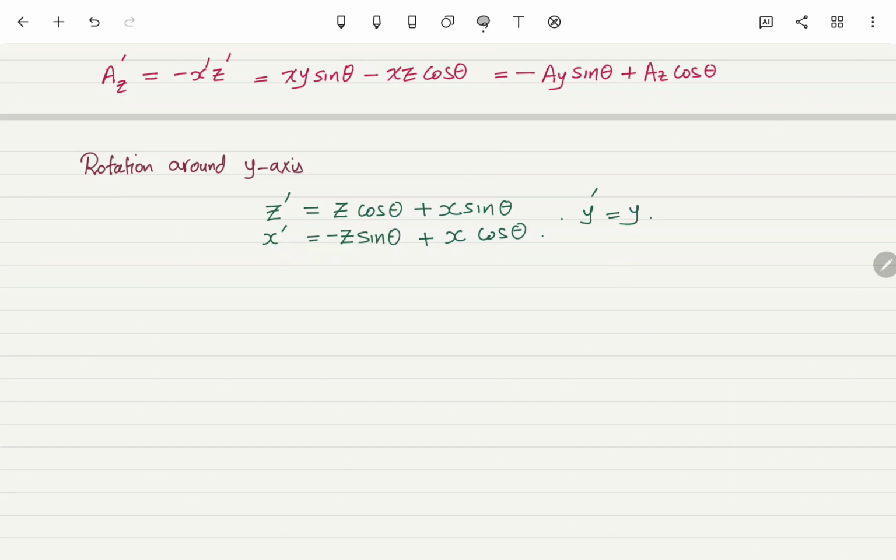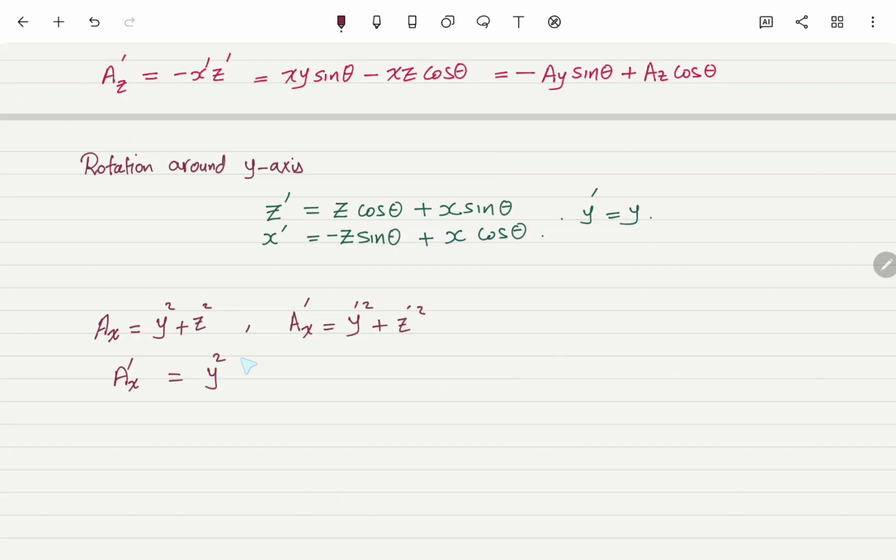Now, let's check the first point, ax prime. Ax is equal to y square plus z square. Now, ax prime equal to y prime square plus z prime square. Let's substitute z prime and y prime and see what's going to happen.